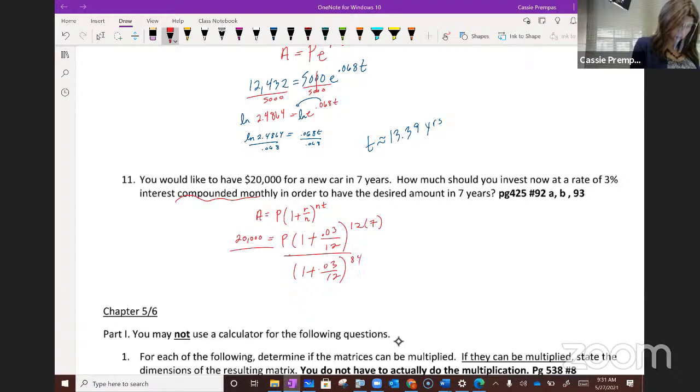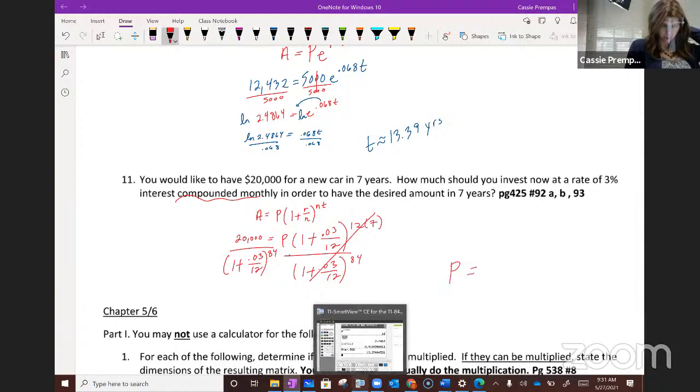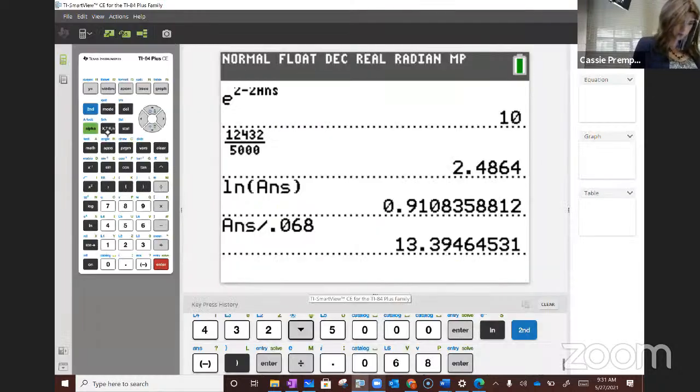Basically, I would just take this quantity and divide it by the number of times it's compounded, not annually.